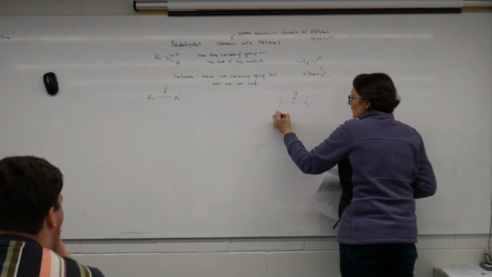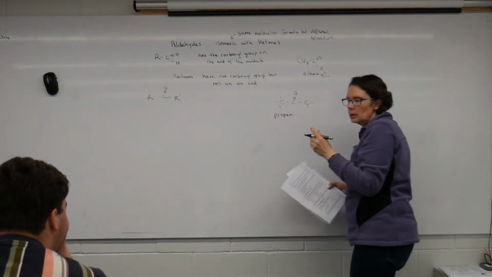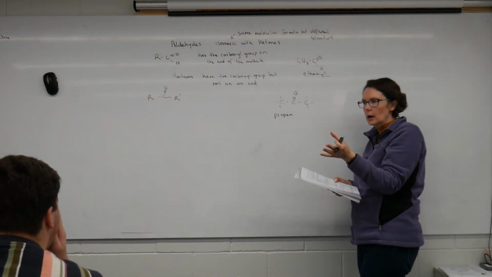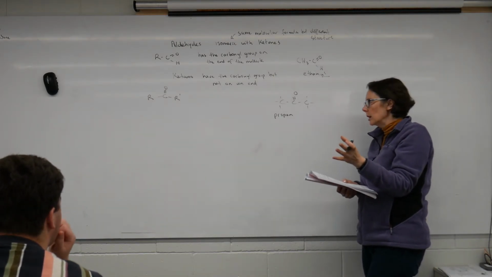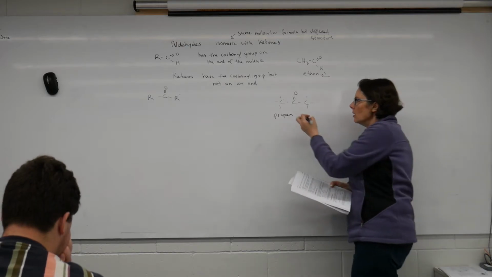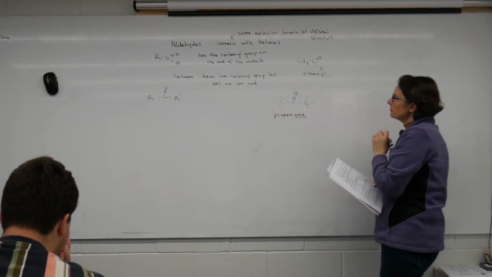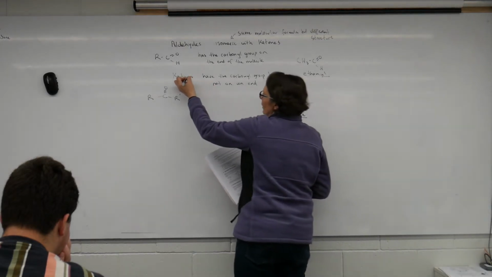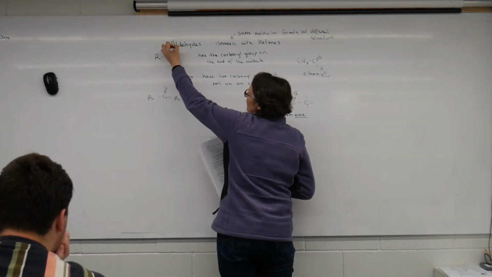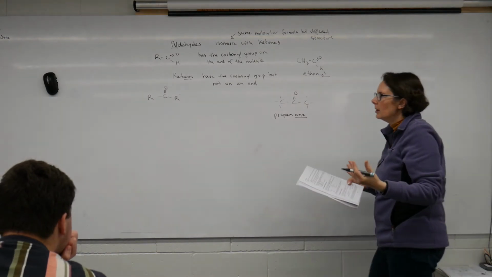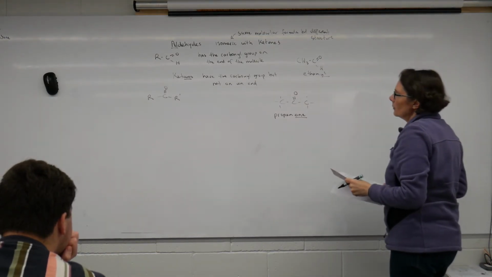It still has the beginning part of the name as if it were the alkane, and then we change the ane ending to one to indicate that it's the ketone. So it's the one part that we're keeping for the ketone, and al for the aldehyde.